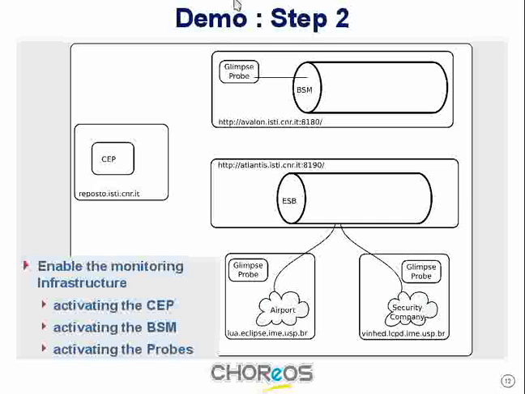The probe connected to the BSM sends messages at the business service level, while the probes we have developed on the infrastructure mainly send information about the status of the cloud where the services are deployed.